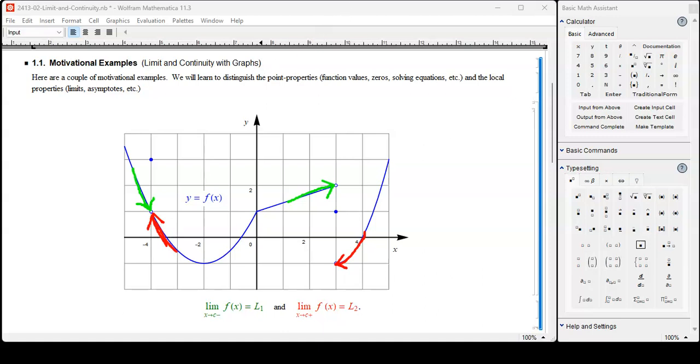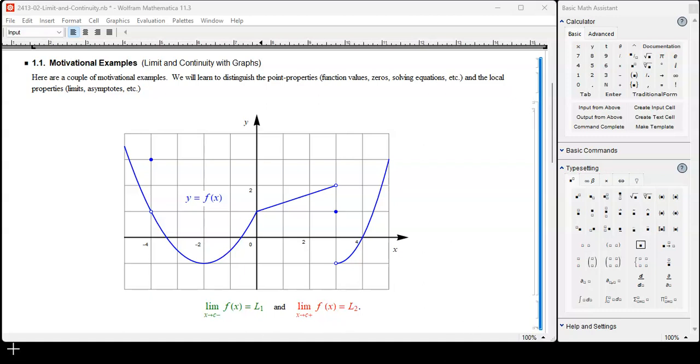And then the function value. Never mind. I think we went through the same picture often enough.